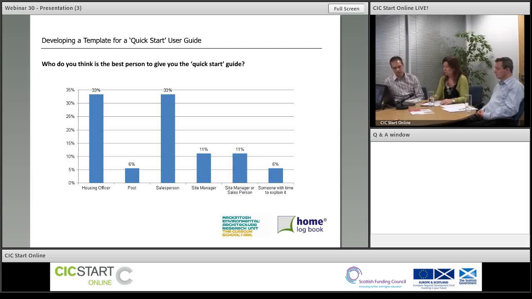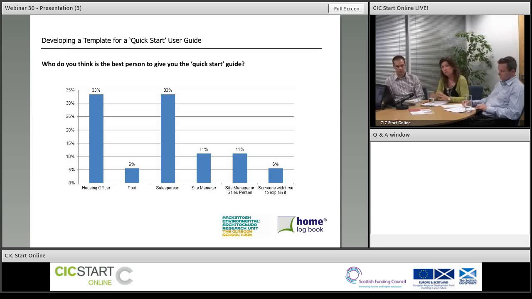But the overall feedback was it should be someone who had time to explain it to them, and somebody also who knew the house type. Some of the feedback had indicated that they had maybe received a copy which was an inaccurate house layout, and perhaps that was an issue with whoever was giving it out, had maybe issued the wrong one to the wrong person.